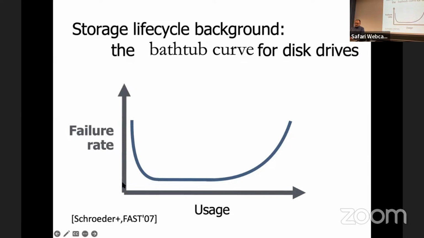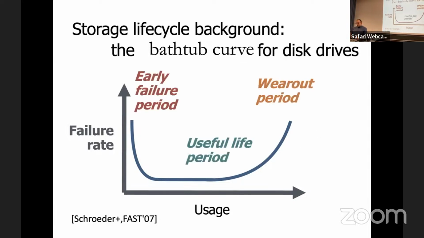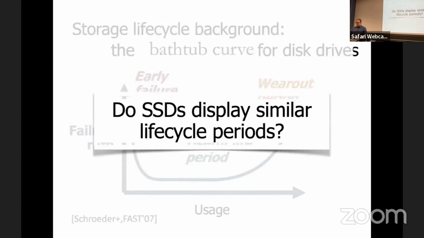That's why we have quite a high failure rate in the beginning, but at some point we don't have much. Then we get to the wear out situation of the device, where our device is aged, and our failure rate increases again. So you can see this early failure period, useful life period, and wear out period.